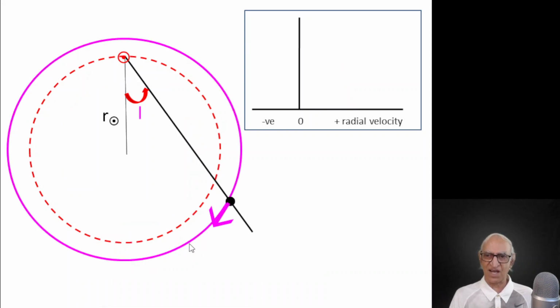Let's consider that now. So let us consider a cloud on a circle which is of a larger radius than the radius of the solar circle. Now, we know because of differential rotation, the angular velocity of this cloud will be less than the angular velocity of the sun because the sun is interior to it.